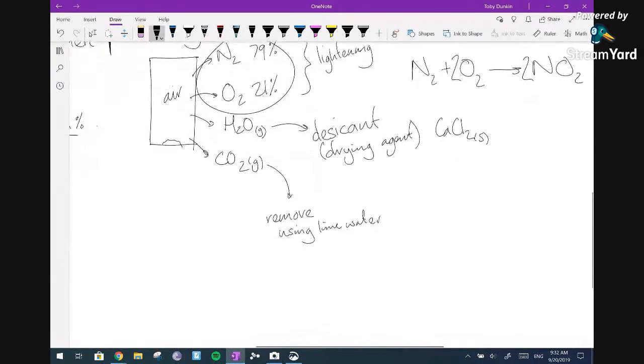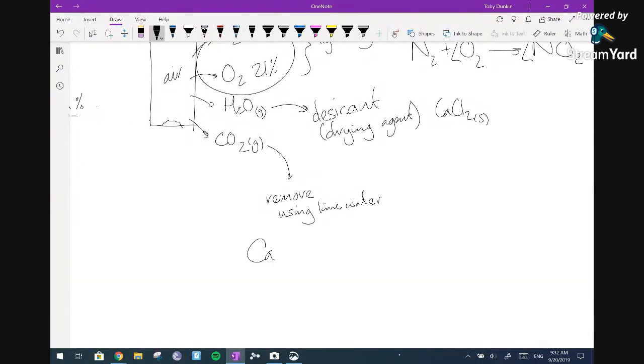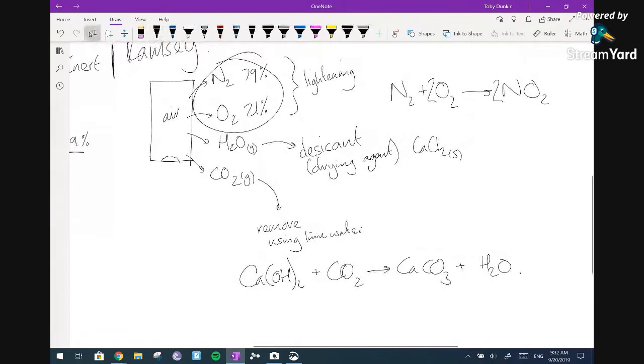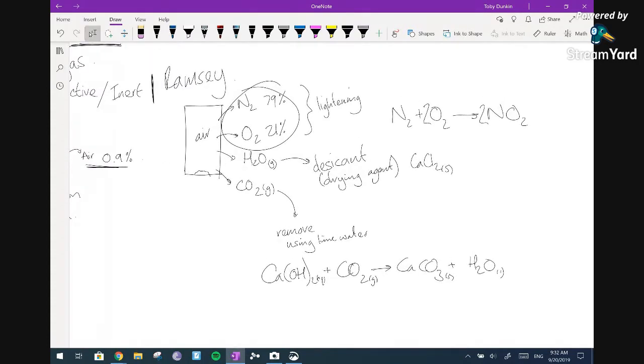I can give you the equation for that as well if you like, which is calcium hydroxide plus carbon dioxide, CO2, goes to calcium carbonate and water. And we can then remove these because, of course, the gas is now gone. That one was aqueous. This, of course, is a solid, and that is a liquid, so we just pull these out.